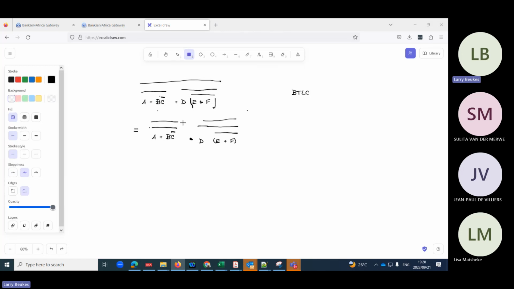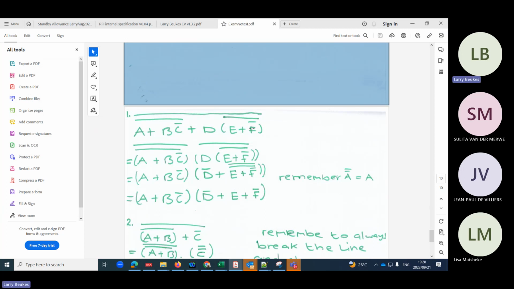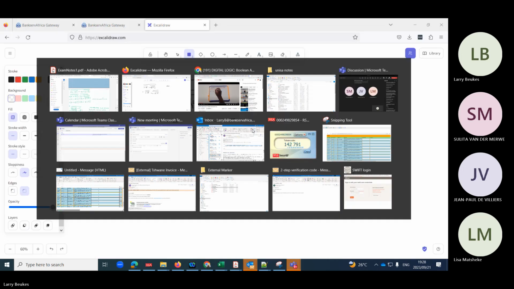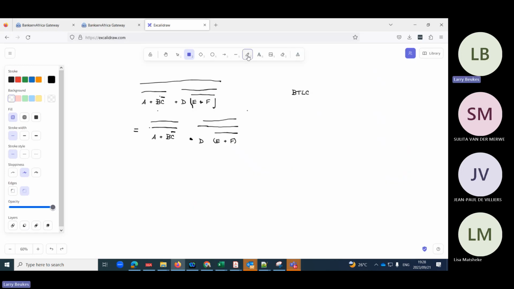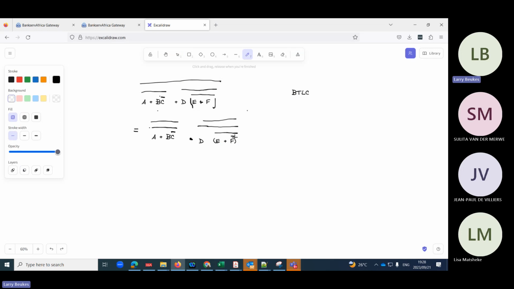There should be a not on that F. Yeah, there's a not on the F. Okay, so let's complement the F. So it was supposed to be complemented.